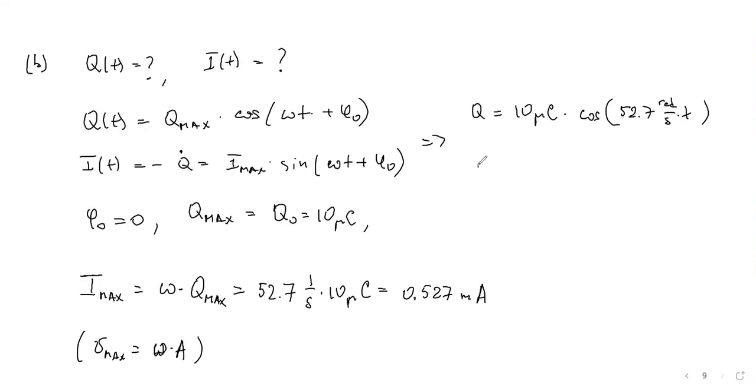So then we can write the current. And remember, my current is defined as a negative dq over dt, not positive. So it's a little bit change. Half of milliamp, and then sine omega t. Voila.